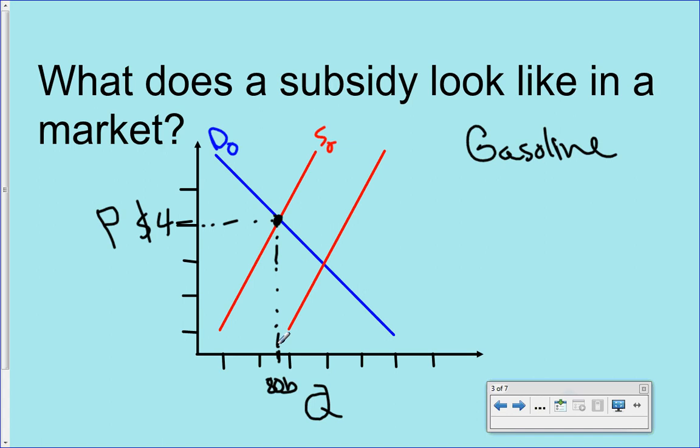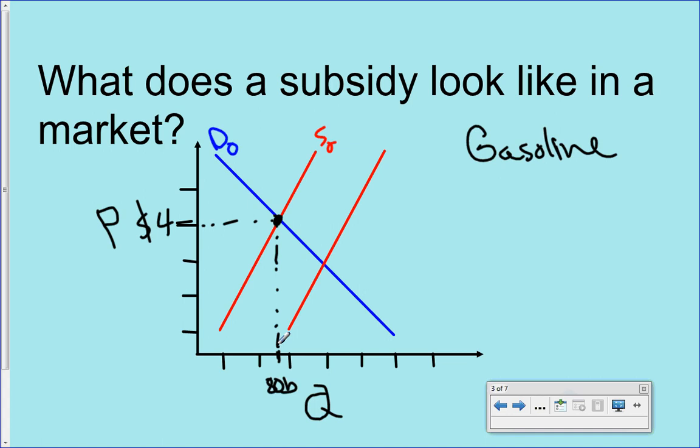Consumers are not going to be happy if they have to pay $4 for very long, so they will begin complaining drastically. Producers may say, hey, it's getting more and more expensive for us, so we may need to even raise the prices. The fear of suppliers charging more and demanders demanding less could cause the government to step in.